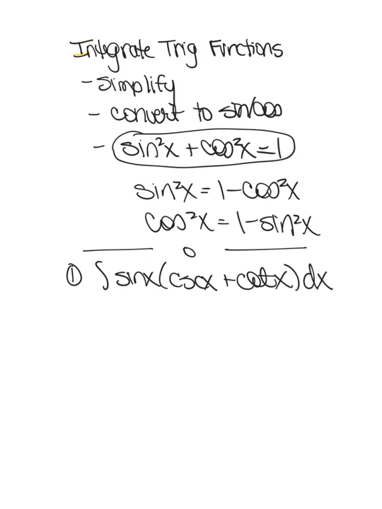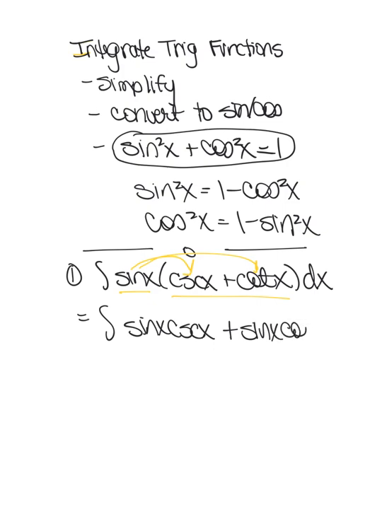And remember, we don't have a product rule, meaning that I can't just integrate this and then multiply the two together. What I'm going to have to do instead is go ahead and distribute that sine function through. And so when I do that, I'm going to get the sine of x cosecant x plus the sine of x cotangent of x with respect to x.